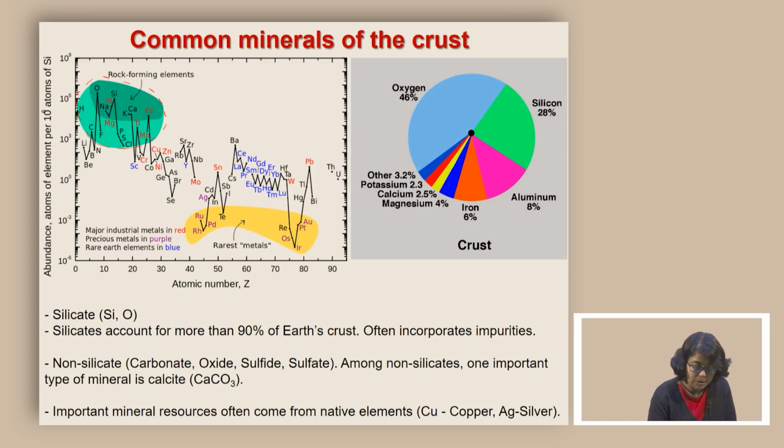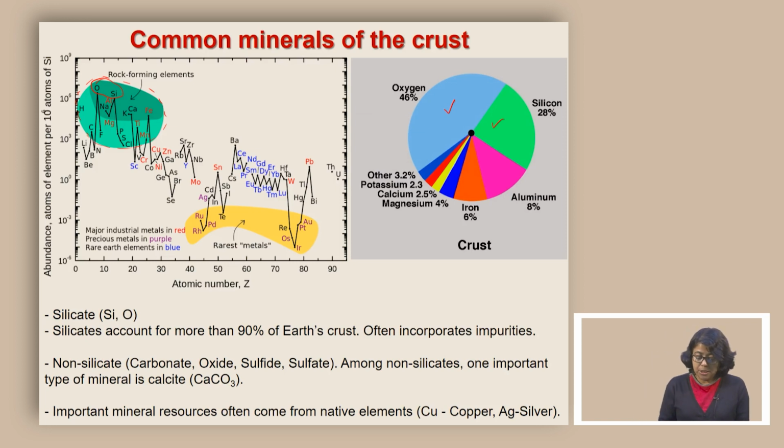Out of these, silica and oxygen are the most abundant. No wonder the majority of crustal rocks are primarily made of these two things, oxygen and silica. They bond and create SiO2, and we generally call them silicates.